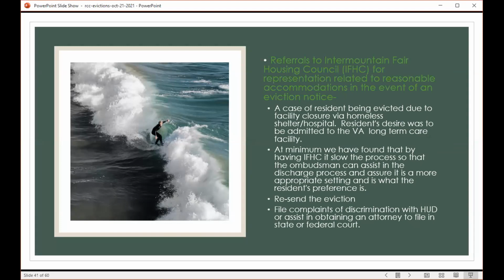Also, Intermountain Fair Housing will file complaints on behalf of residents and families with HUD or assist in obtaining an attorney to file in state or federal court. Next.